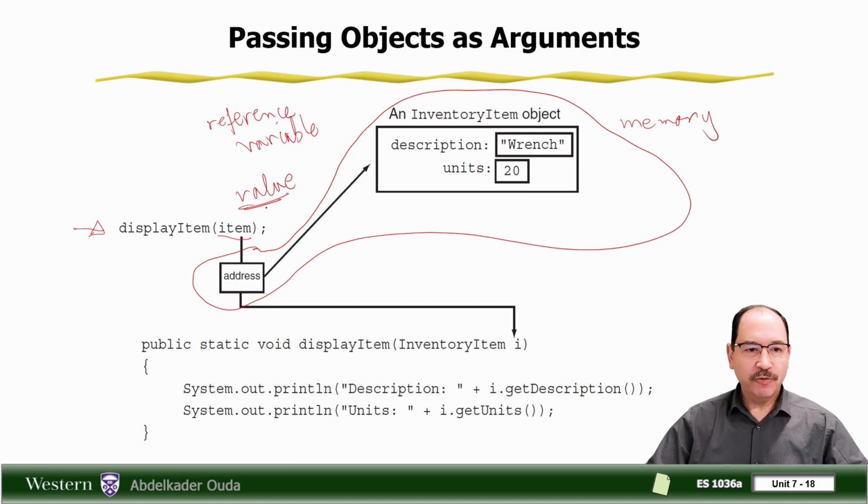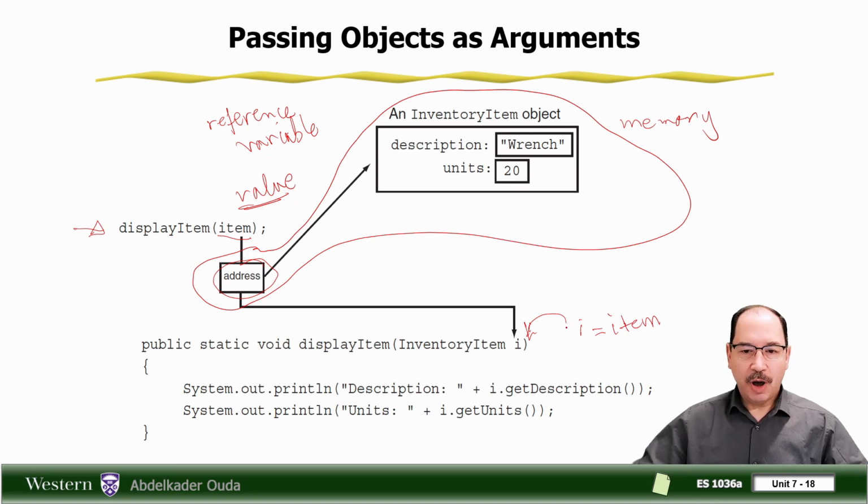Now the value of the item is simply the address of the object item. So displayItem is going to send the value of the item, which is the address of the object item, and pass it to this method to initialize this address to the variable i. So implicitly, we're going to have this assignment: i equals item.